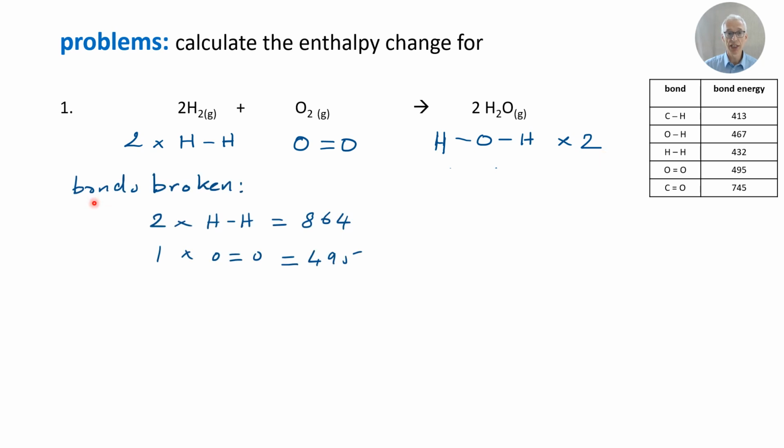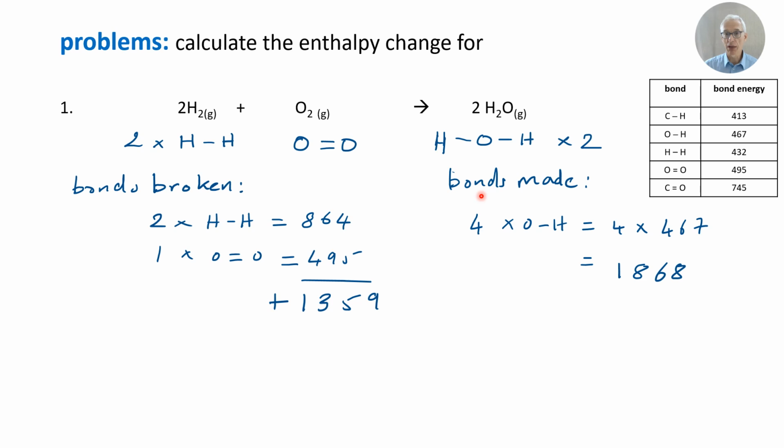So the bonds that need to be broken, 2 times the hydrogen-hydrogen comes to 864. We take 432 as the value for the hydrogen-hydrogen, and then the oxygen double bond oxygen 495. We total that and give it a positive sign, 1359, positive.